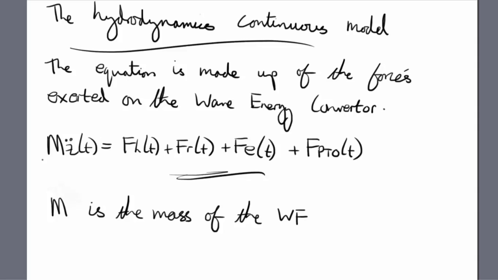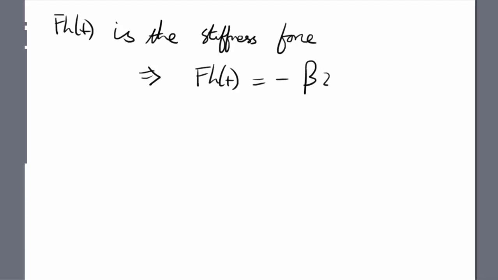M is the mass of the WEC, where WEC is an acronym for wave energy converter. F_h is the stiffness force, as I said beforehand, where F_h is minus beta z.